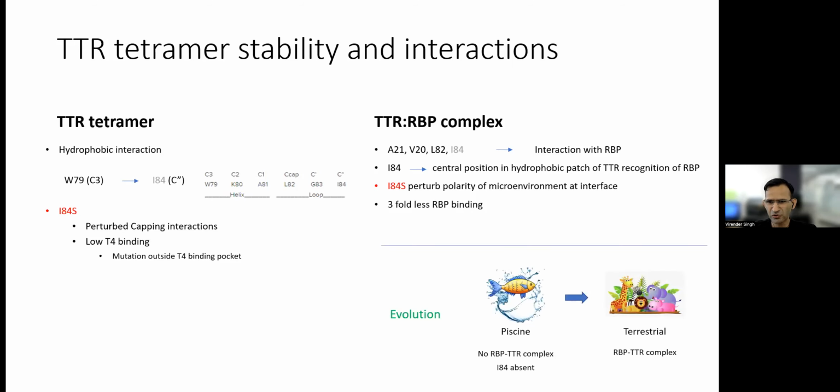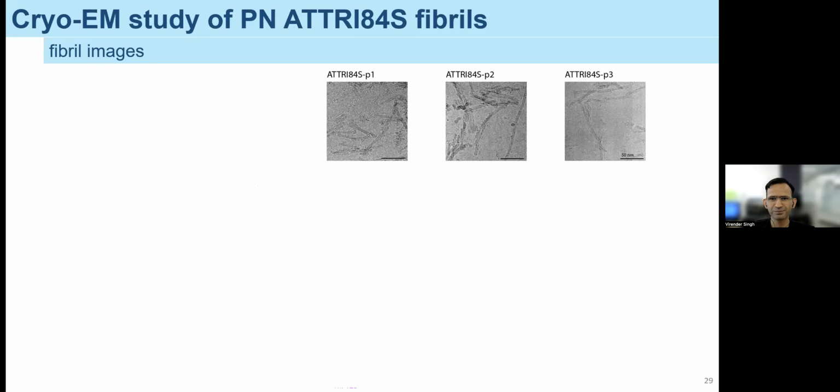There is also an evolutionary perspective to it. The I84 residue is absent in fishes, and there is no TTR-RBP complex in that case. But for most terrestrial animals, the I84 residue is present, and we see the RBP-TTR complex formation.